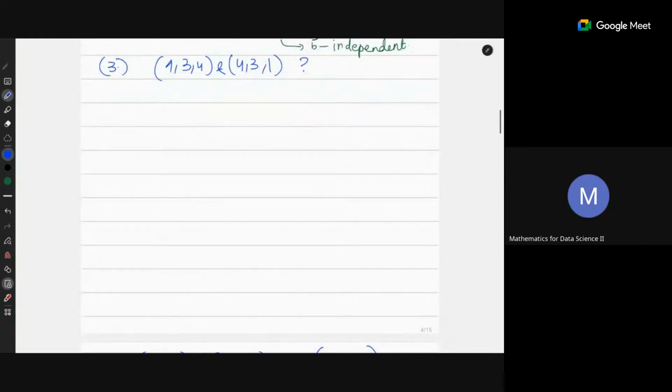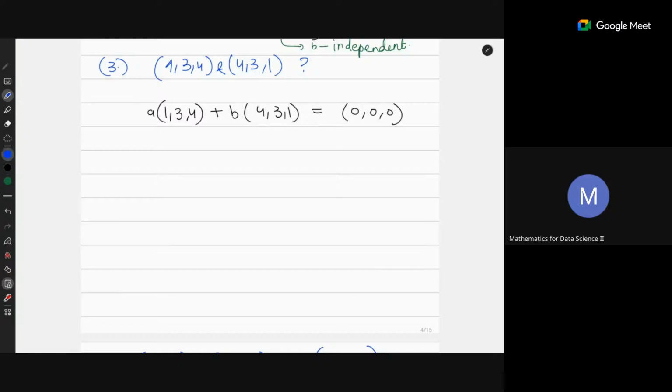Again, for these two vectors also, we will do the same exercise. So (1, 3, 4), a times this plus b times this, and we will equate it to a zero vector, but in R3, because these two vectors lie in R3. So we will equate it to zero vector in R3.